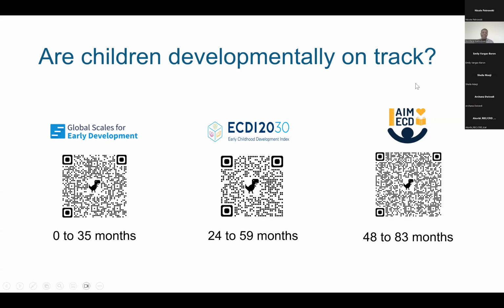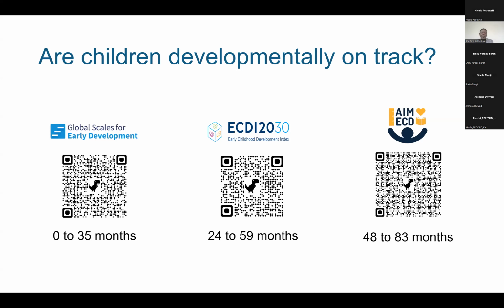So we have the Global Scales for Early Development, which you see there, for 0 to 35 months, thanks to WHO for the leadership on this. And we also have the ECD 2030, that's the Child Development Index, popularly known as ECDI 2030, where we are measuring from 24 months to 59 months.